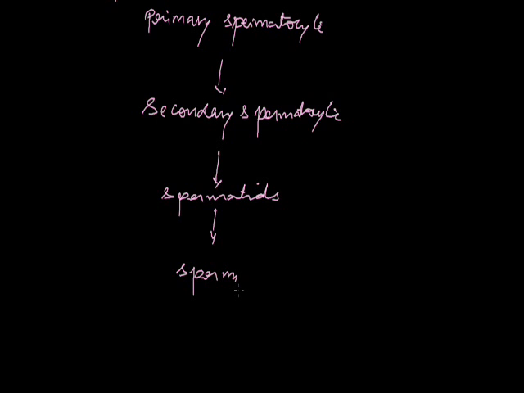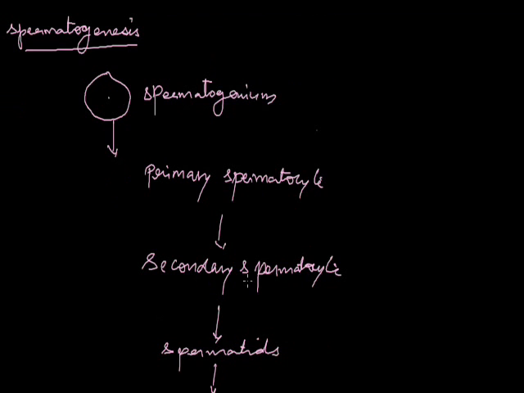But this procedure is not happening so easily. Here are the divisions taking place. The spermatogonium cell is becoming the primary spermatocyte by the division that is known as the mitotic division.